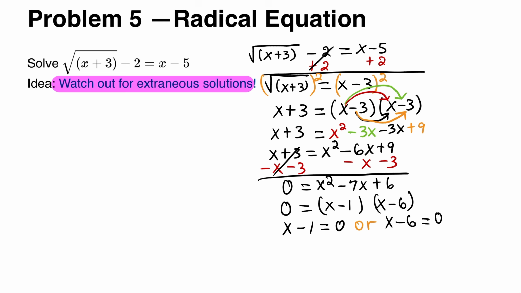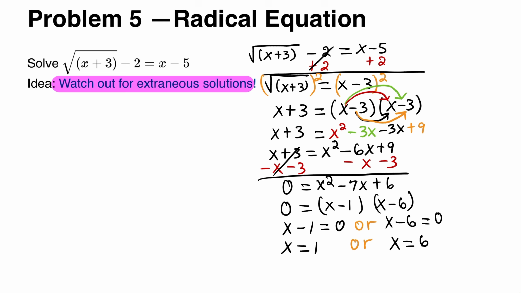Okay, so these are our possible solutions if we solve for x. If you add 1 to both sides, starting with x minus 1 equals 0, then x equals 1. Or do the same for x minus 6 equals 0. Add 6 to both sides, x equals 6.